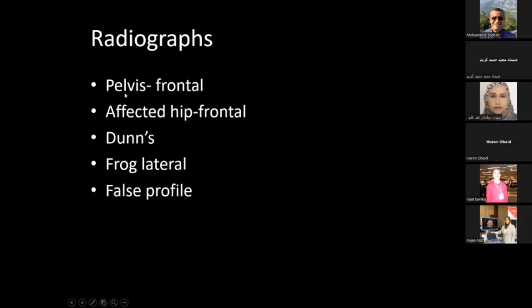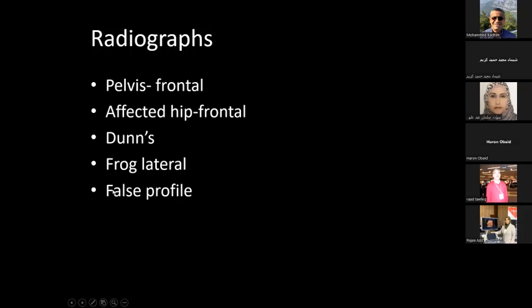So we do a frontal radiograph of the pelvis, and then a frontal radiograph of the affected hip. We do Dunn's views to look for the femoral neck offset and cam deformity. We do cross-table lateral and false-profile radiographs.